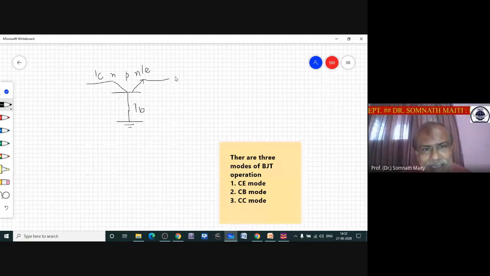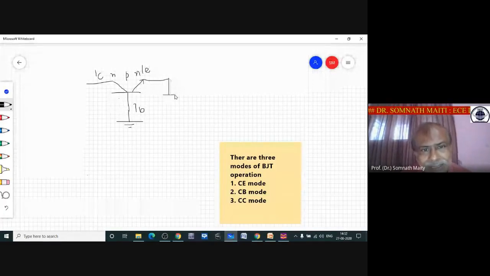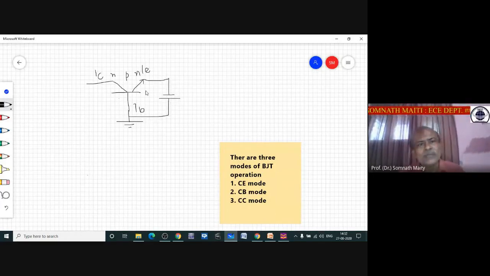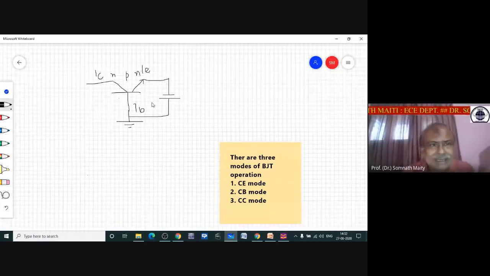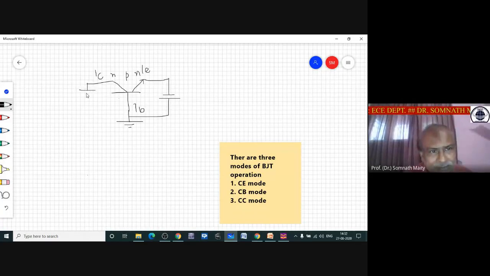Then you connect N to the negative side of the battery. Then it will be forward bias. So base to emitter junction is forward bias. And collector junction should be reverse bias. This is N side, so this should be connected to the positive side of the battery.